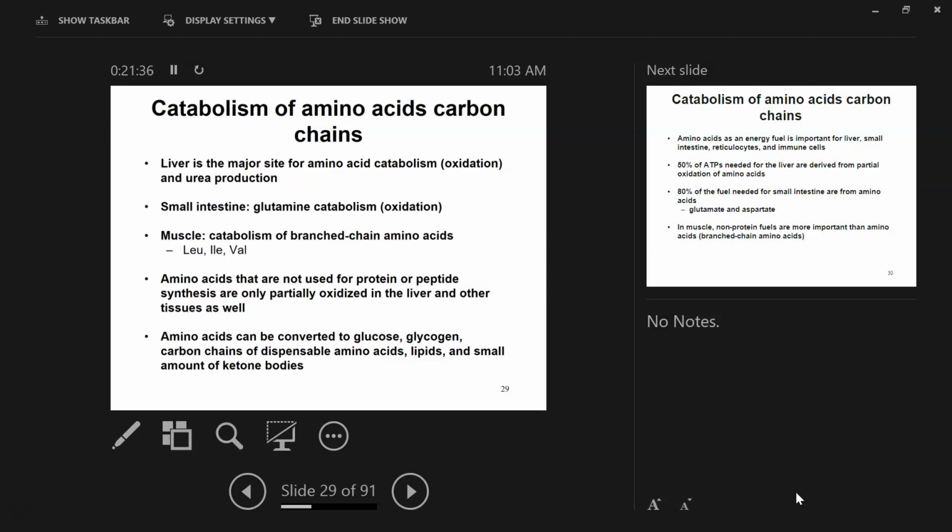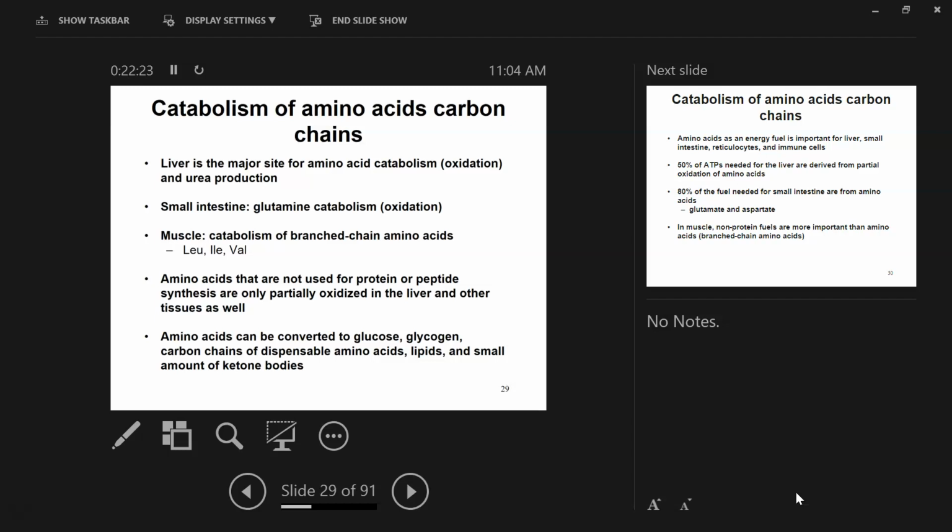Okay, I just want to summarize again, right? Overall, in general, for amino acids metabolized in the liver: the liver is a very important tissue for amino acid metabolism, and most of the amino acids will only be partially oxidized to generate alpha keto acid, and will be used as energy in the liver. This is the first point. The second point is that amino acids can be metabolized in the liver to synthesize glucose through gluconeogenesis, and glycogen.